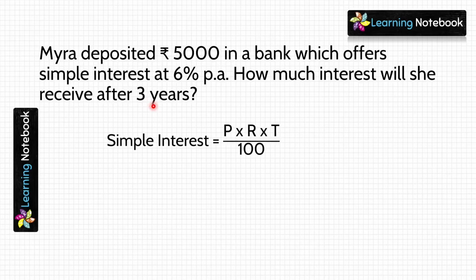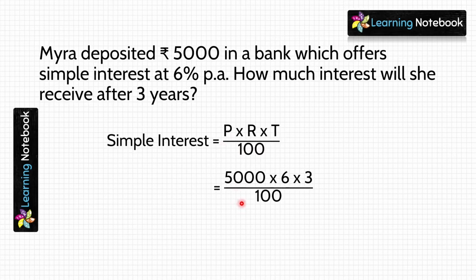So let's calculate simple interest, which is equal to P into R into T divided by 100. Let's put all the values here and we get 5,000 multiplied by 6 multiplied by 3 divided by 100.